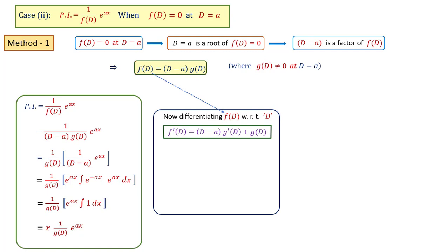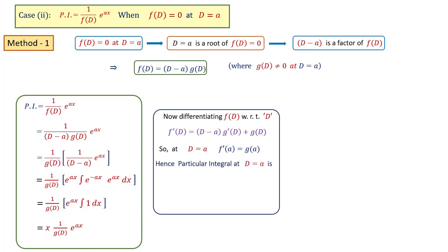Here we are applying the product rule. So at D is equal to a, f dash a is equal to g(a). Hence the particular integral at D is equal to a is x into 1 upon f dash of a into e power ax, provided f dash a is not equal to 0.